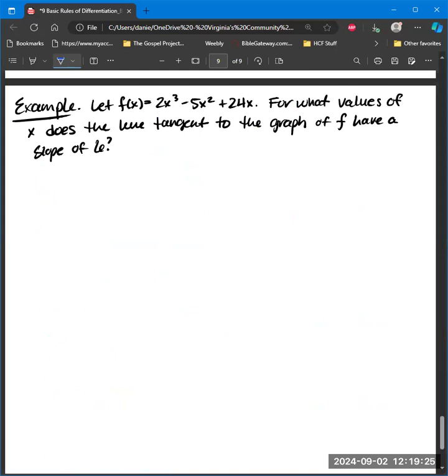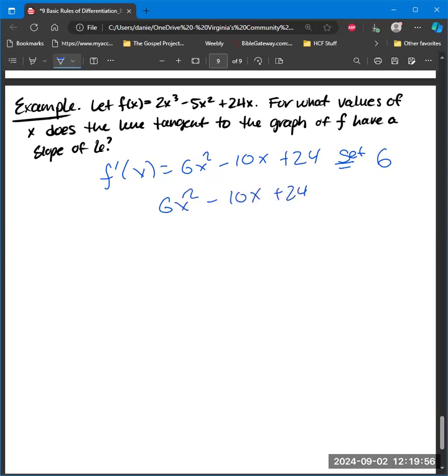So let's now look at f of x equals 2x cubed minus 5x squared plus 24x. For what values of x does the tangent to the graph of f have a slope of 6? So let's find f prime of x, which is 6x squared minus 10x plus 24, and we want to set that equal to 6 to solve. 6x squared minus 10x plus 24 minus 6 equals 0, so 6x squared minus 10x plus 18 equals 0.